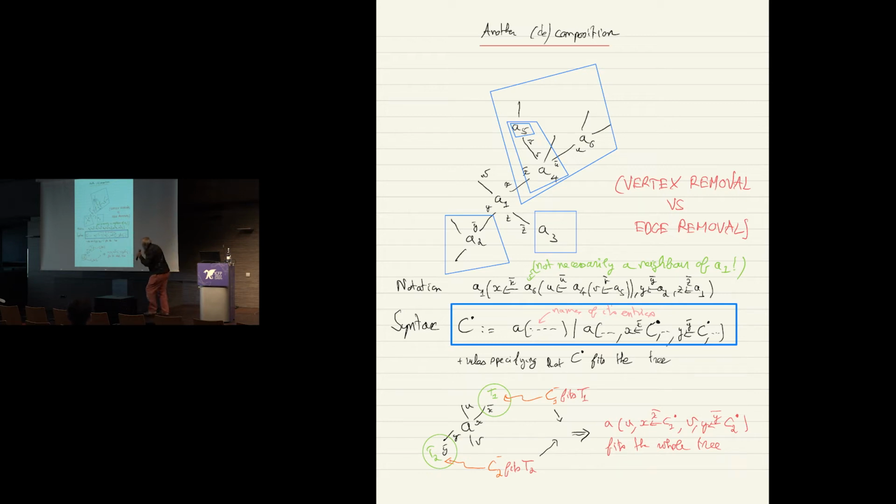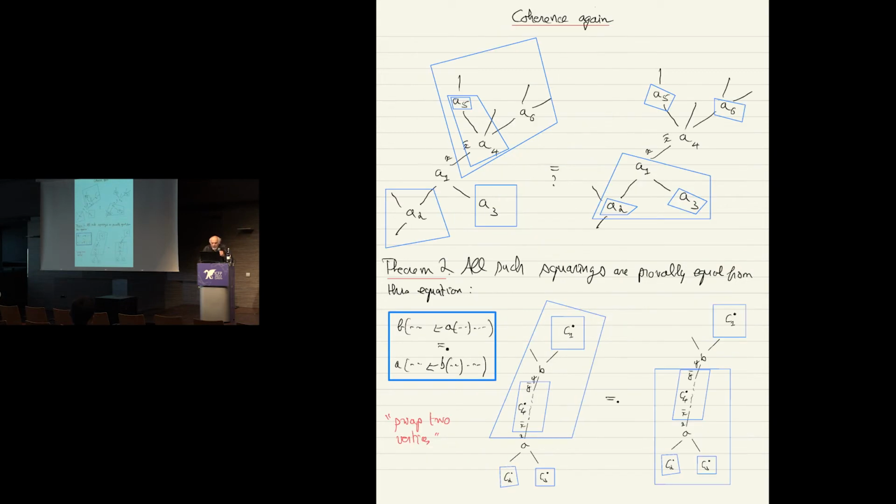And then I also ask myself, are all these squarings, possible squarings, giving me the same result?